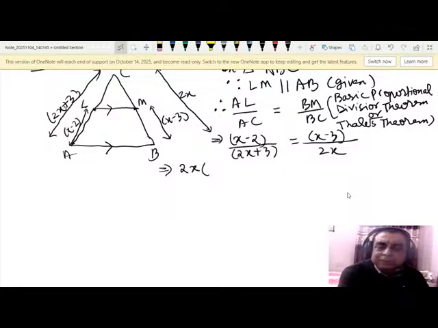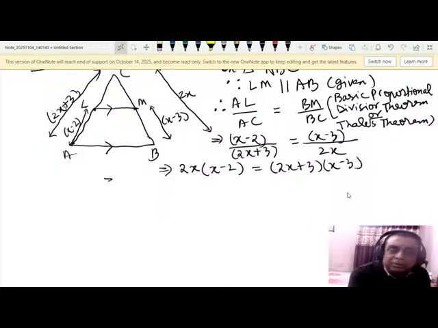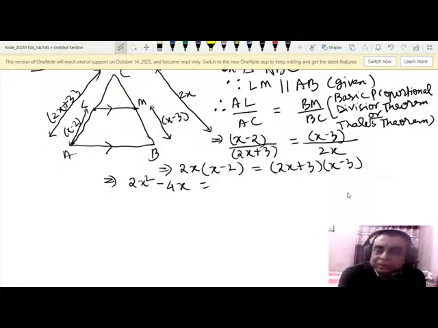So 2x, you multiply it with x minus 2, and 2x plus 3, you multiply it with x minus 3. Now solve this equation. First you simplify. Multiply 2x with both the terms inside the bracket. So 2x times x is 2x squared. Minus 2 multiplied with 2x is minus 4x. Now here on the right, take 2x plus 3 and multiply with both the terms of the next bracket.